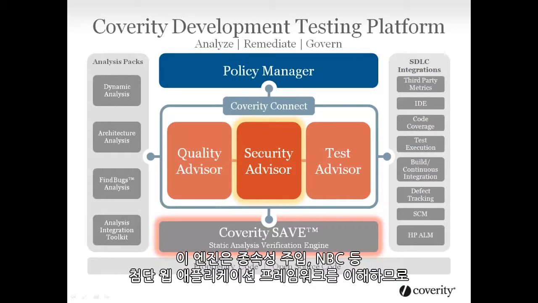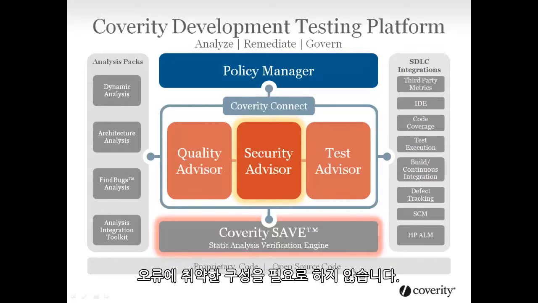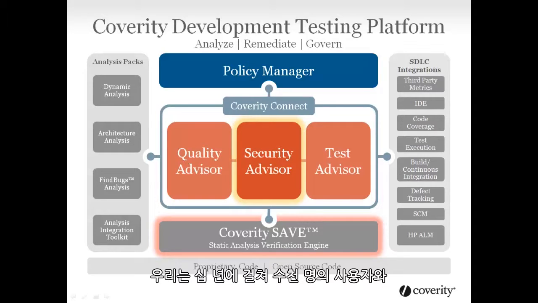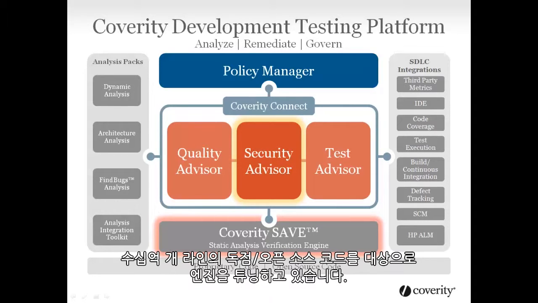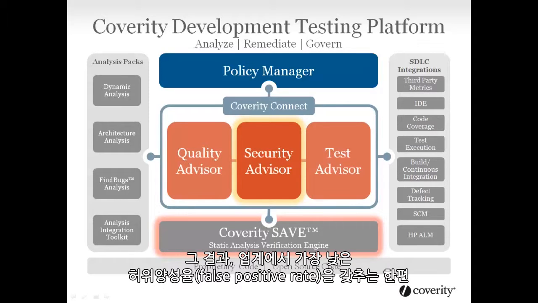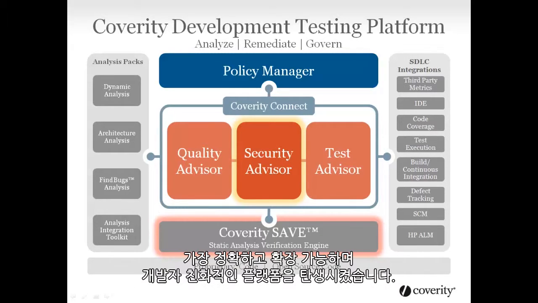It understands modern web application frameworks, including dependency injection and MVC, so there's no need for error-prone configuration. We've tuned the engine over our decade of experience, thousands of users, and billions of lines of proprietary and open-source code. The result is the most accurate, scalable, developer-friendly platform with the lowest false positive rate in the industry.